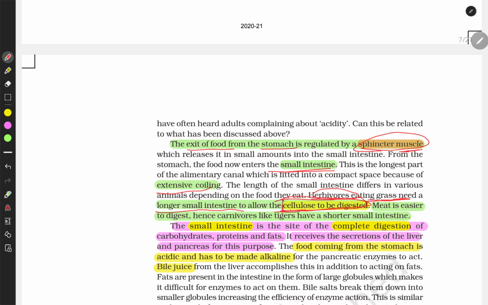So cellulose needs to be digested, and that is why a long intestine is needed. Those that are meat eaters find meat easy to digest, and hence carnivores like the tiger have a shortened small intestine.